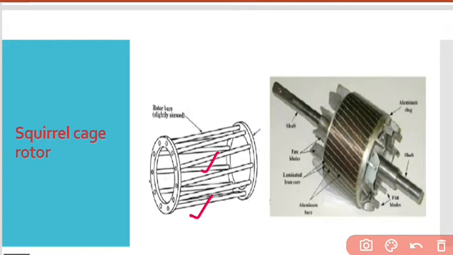These copper bars are pushed into the slots, and you can see the ends are welded to copper rings so that all bars are short circuited. That is the end of those copper bars welded with the copper rings, and all copper bars are short circuited.